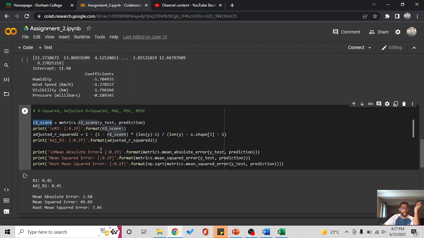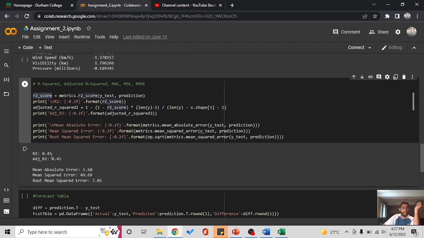For us, the r squared is something like 0.45, and the adjusted r square is 0.452. So this doesn't appear to be a very good linear regression model. In fact, it's not good at all, since we have a lot of error.